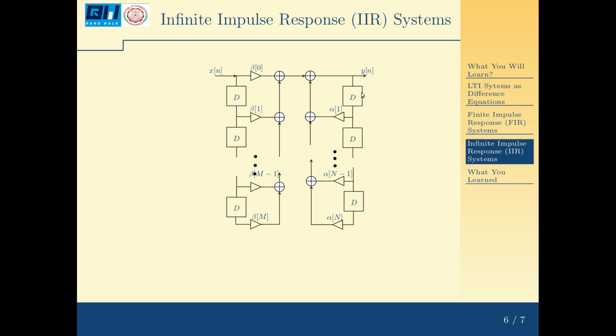So what can happen is, in the forward path there are only m paths. But in the reverse path, suppose I launch an impulse here, it can take a path here and reach the output at n equal to 0 itself, or it can pass through this loop and reach the output at n equal to 1, or it can take two revolutions in this, that is, it can traverse this path twice and reach the output at n equal to 2, or this impulse can remain in this loop for, say, infinite instances.